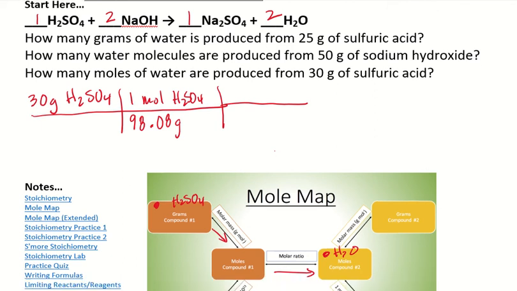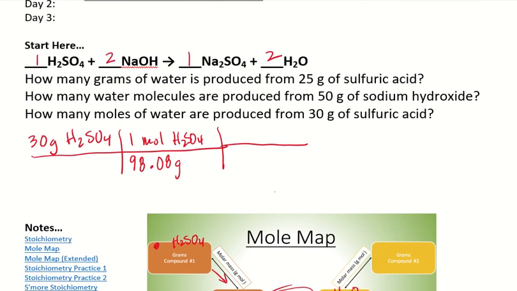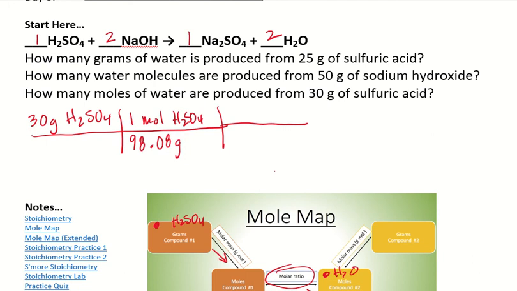Now, your last step is simply the mole ratio. What's the ratio between H2SO4 and H2O? A 1 to 2 ratio. For every 1 mole of H2SO4, I have 2 moles of H2O.